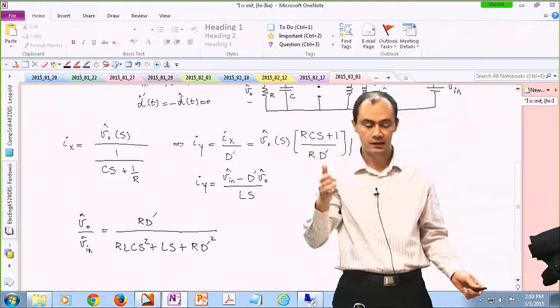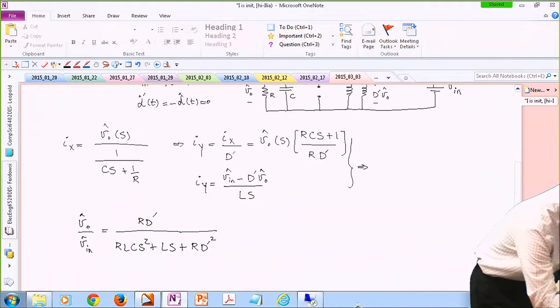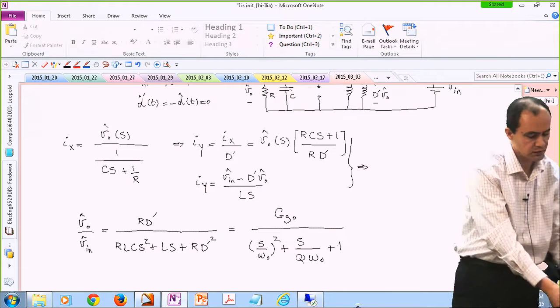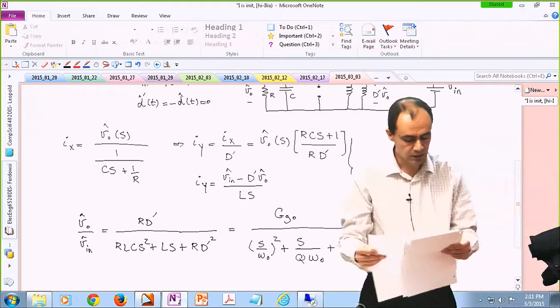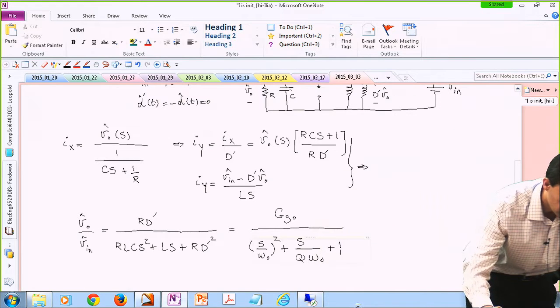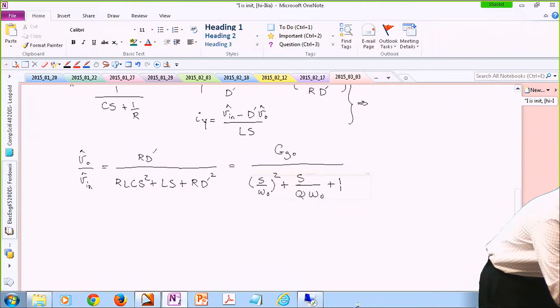However, it is not in the canonical form, so you just have to rearrange things in a canonical form. So let me write the canonical form and then make a comparison. All right. So on the left, I have the transfer function that I have. On the right, I have the canonical form.